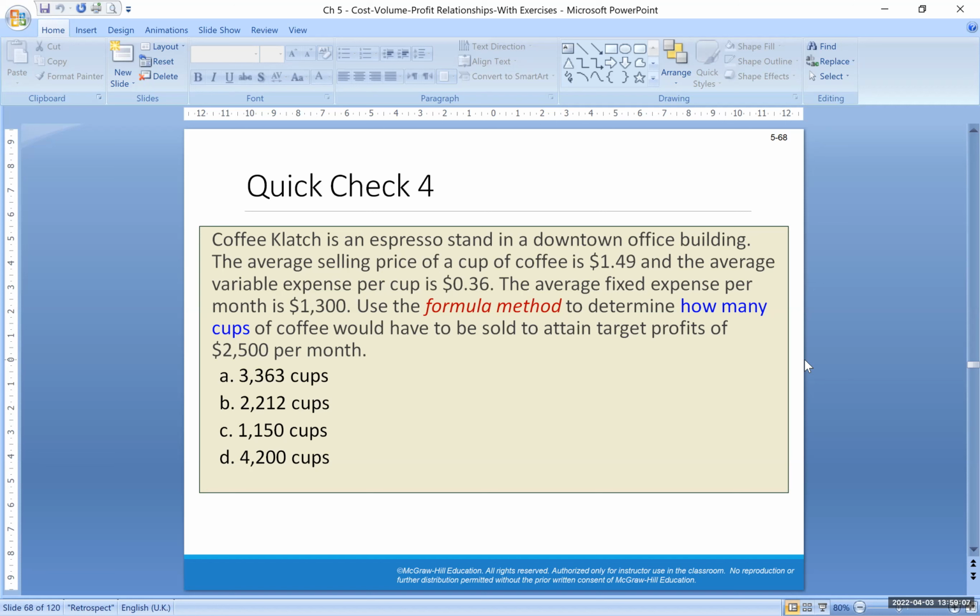Now, the requirement is how many cups, bolded in blue. So the answer should be in units or cups, right? And another point for the question, we need to use the formula method, which is the CM method.